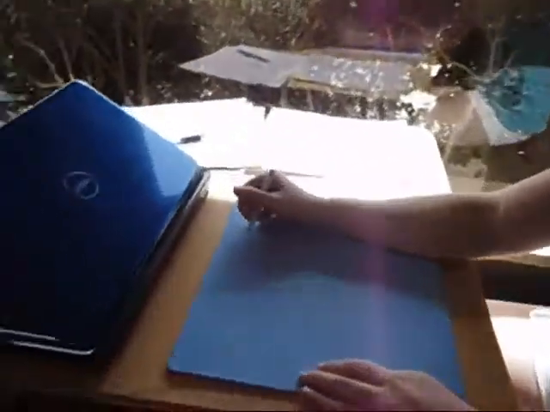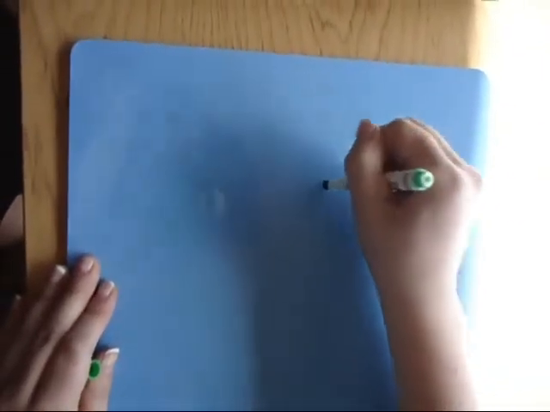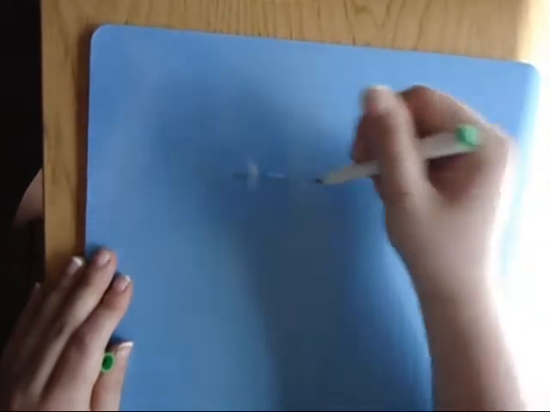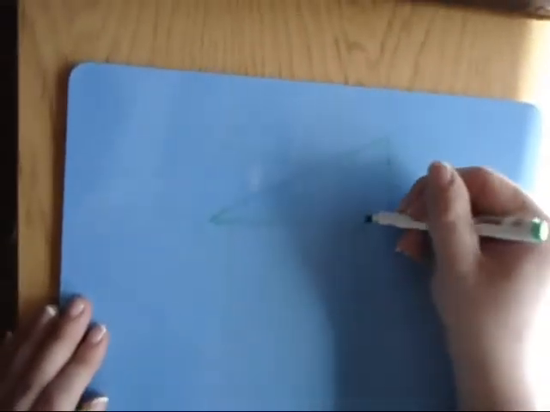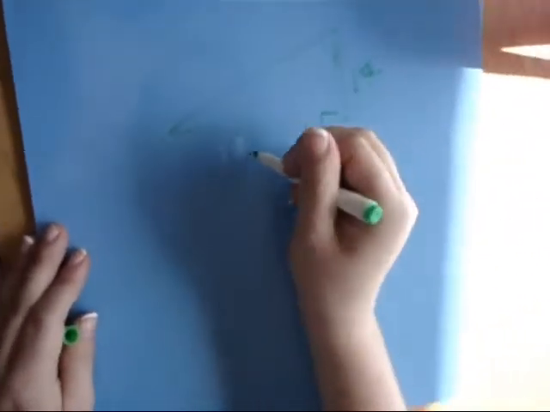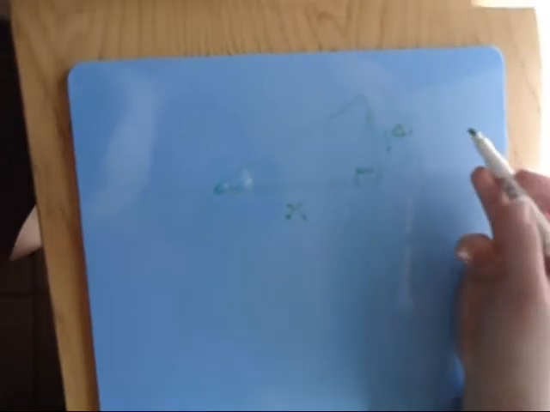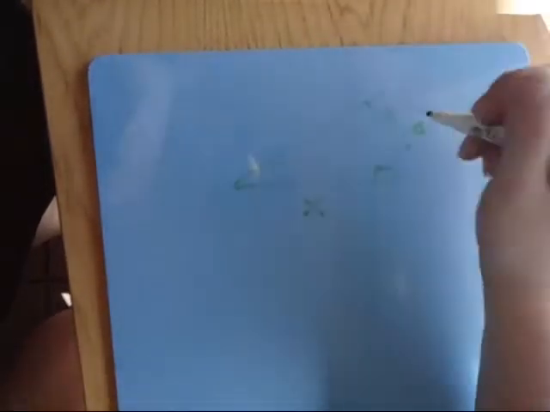If we have a right triangle with the side length 14 and x, then we have to use tangent, because tangent is opposite over adjacent for this angle.